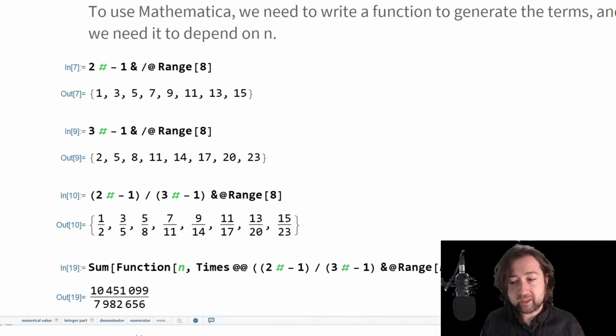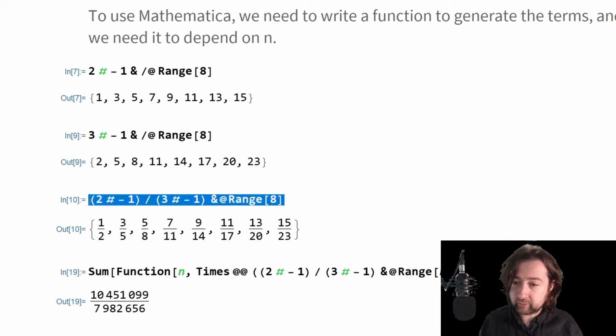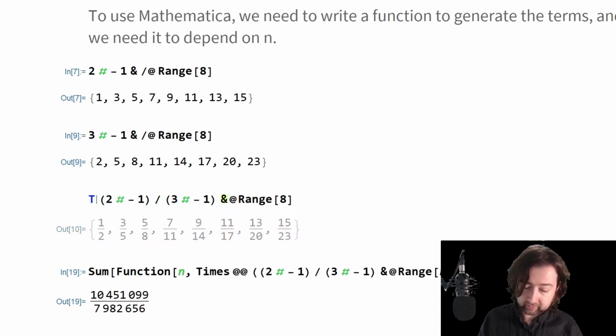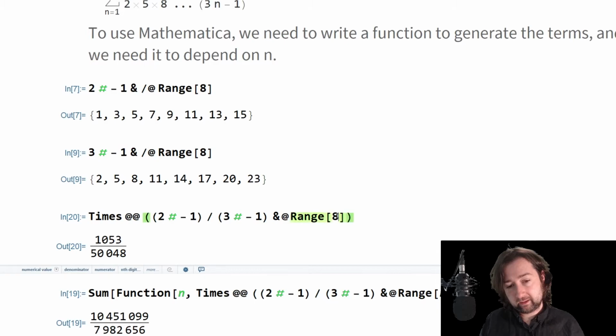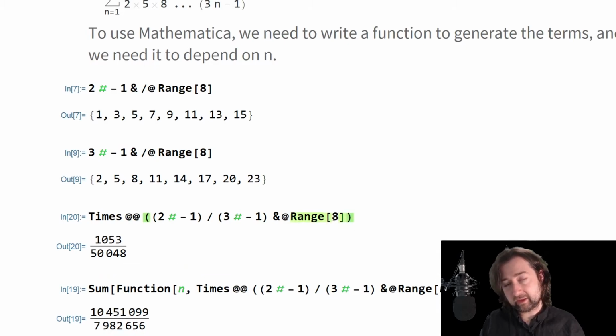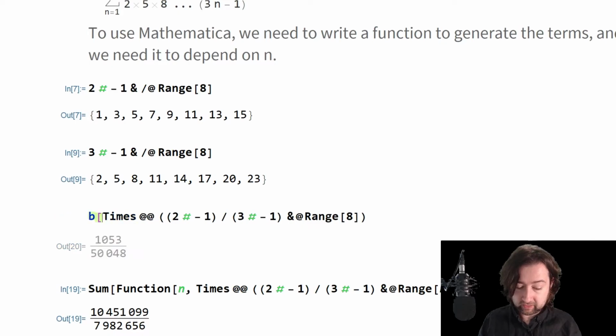For a reader, or for someone who's developing this from scratch, if you want to be more natural about the way we actually did this problem, what we did was we noticed that at this point right here, if I took this thing and I applied times to it as a new head, and then what I did was I took this 8 and I used it as a variable so that it could expand or contract depending on which term I was at. You could actually just call this something like bn.